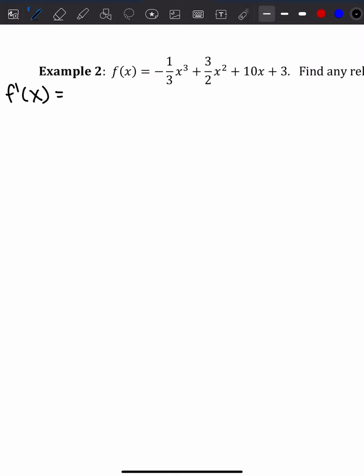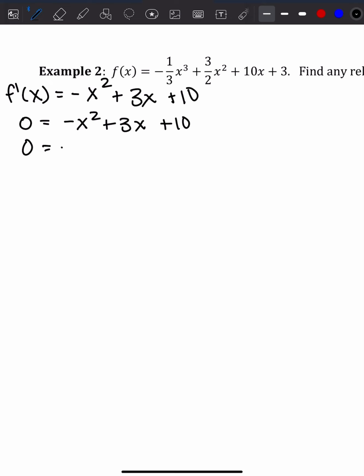So f prime of x, we get 3 times 1/3 is 1, so we get negative x squared plus 3x plus 10. We're going to go ahead and now set this equal to 0. I don't really like when I have my x squared being negative, so I'm going to change it.